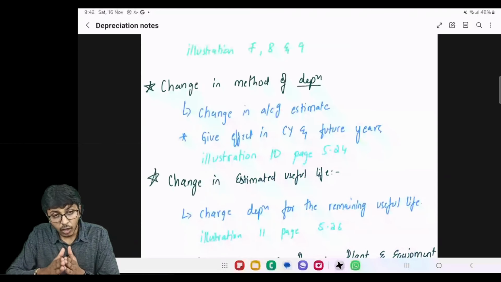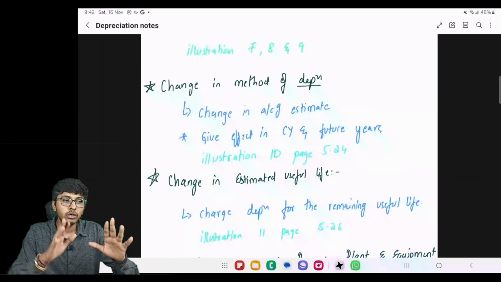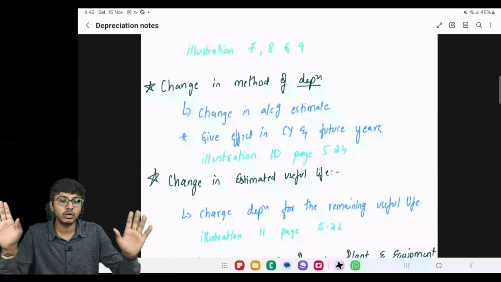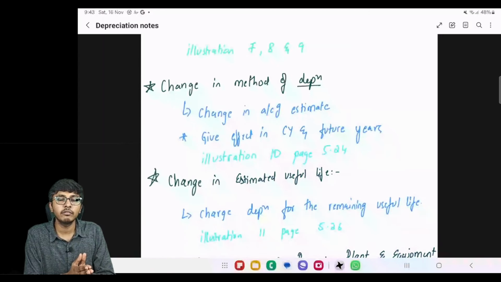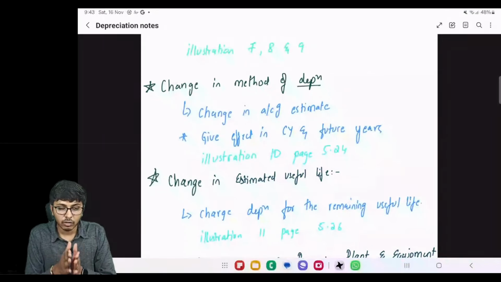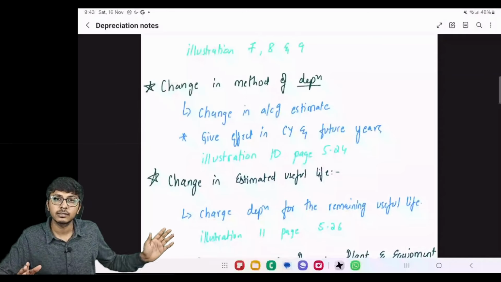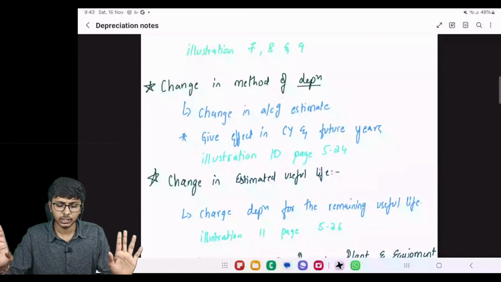Whatever you have done before, don't remember that. Till now, if you have done WDV, take that balance and do SLM from now. If you have done SLM and you want WDV, take that balance, apply the rate and go forward. Don't look back. That's all, simple, over. This topic is done.